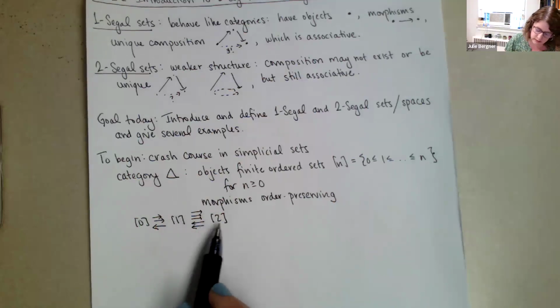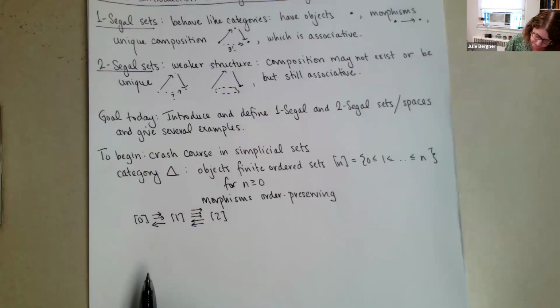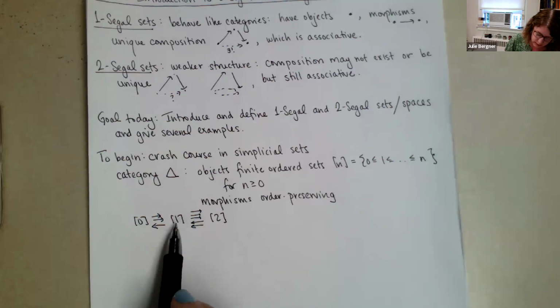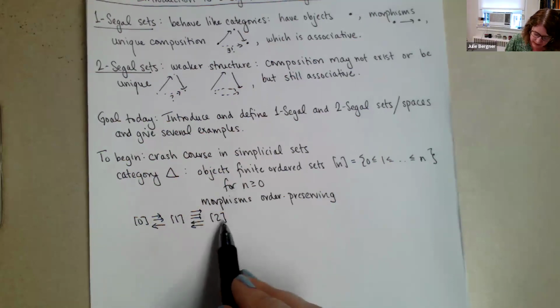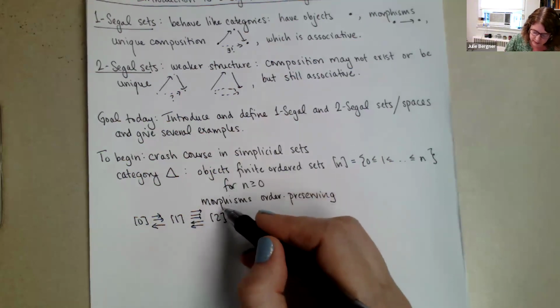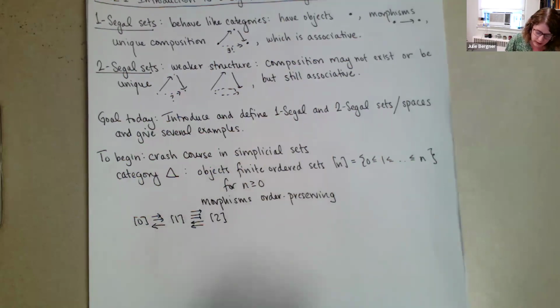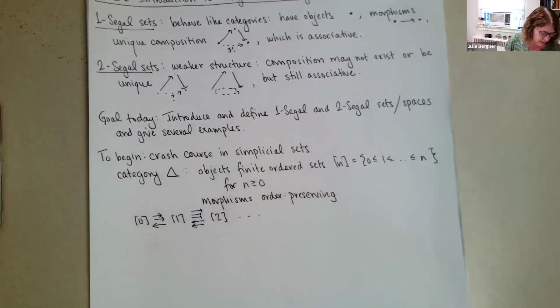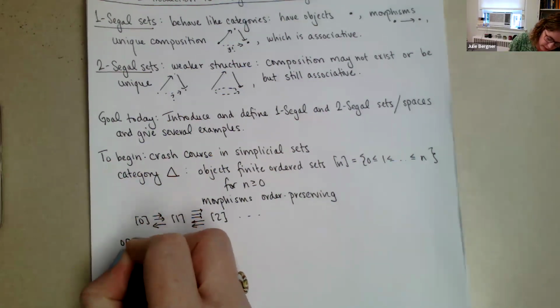You could send 0 to 0 and 1 to 2. Or 0 to 1 and 1 to 2. And then from 2, you can collapse 0 and 1 down to 0, and so forth. Anyway, so these assemble into a category, and then we're actually going to just take the opposite category.